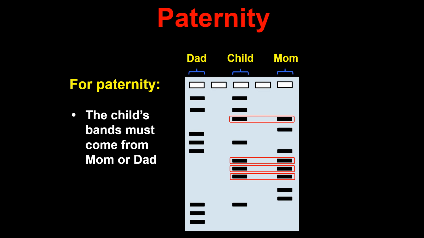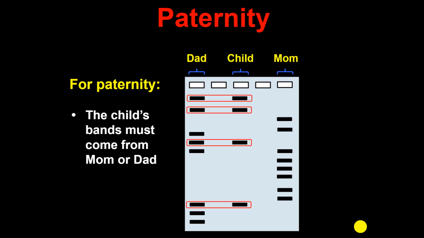So this child got these 4 bands from their mom, which means that they had to get the rest from their dad. So in this case, those 4 bands are accounted for by this dad. So this is actually the father of the child. If he was missing any of those, he would not be the father.